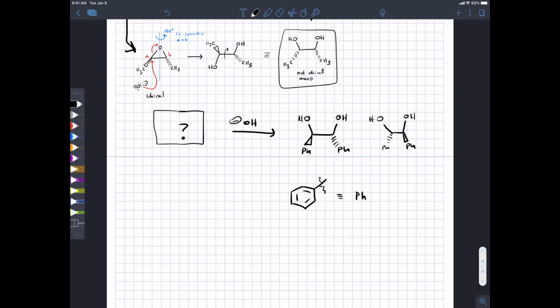All right, so you want an epoxide starting material. Any idea what the stereochemistry needs to be? You want the achiral starting material, so where would I put my benzene rings? Front or the back, either way it's the same. Okay, good.